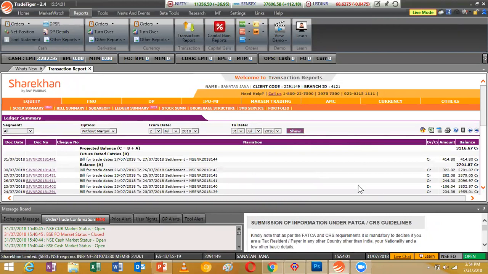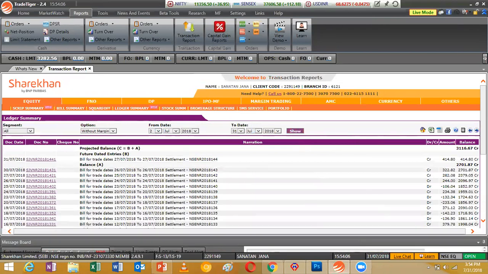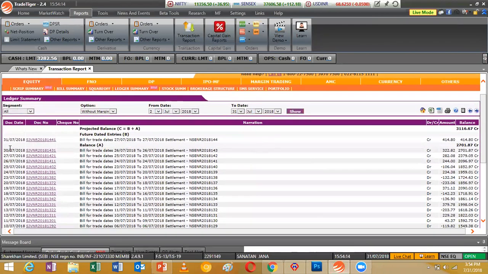Okay. So now you can see the trades that we have taken and the profit and loss over here. I will go down here. You can see the dates of this month, and we have taken a trade on each and every day.